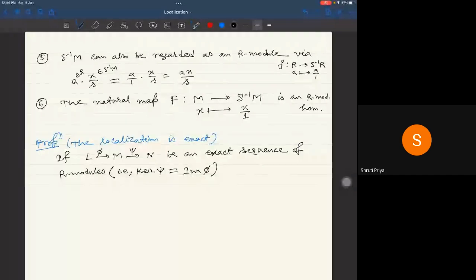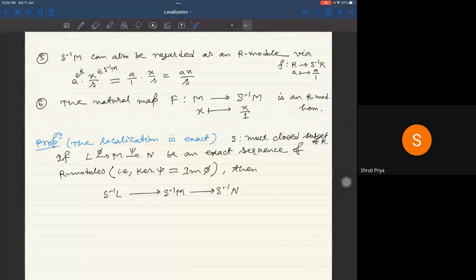It is very useful in homological algebra. So whenever this is an exact sequence of R modules, you can localize with respect to a multiplicatively closed subset S. So first let me consider a multiplicatively closed subset S of R, and then you localize. So this is S inverse L, S inverse M, S inverse N. What about the maps?